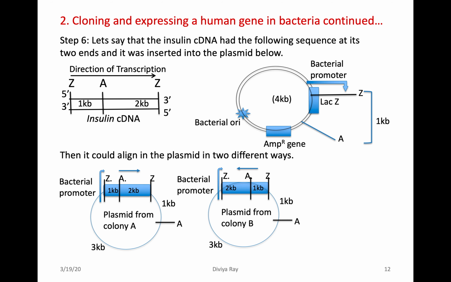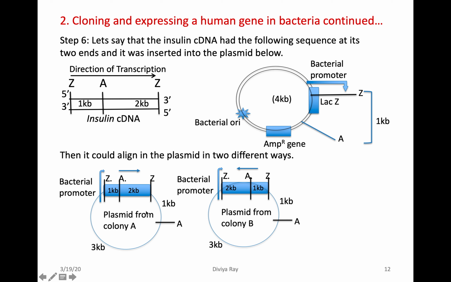So once you clone it, there are two possible ways by which this insulin cDNA can be cloned over here. It can go this way as shown over here. So Z, A, Z, with this being 1 kb, this being 2 kb, and this being the direction of transcription. Or it can orient in the reverse way as shown over here.